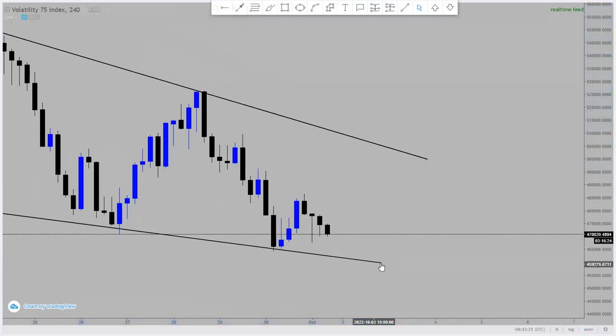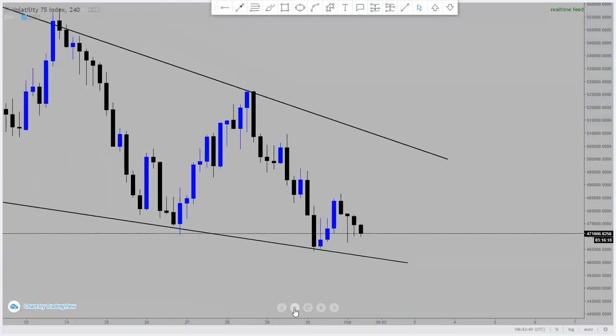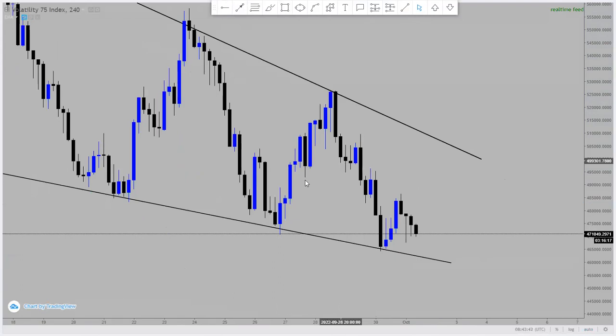I drew this based on the daily. On the 4 hour, I can see that we have been forming lower highs and lower lows, which is still a sign of bearish pressure.